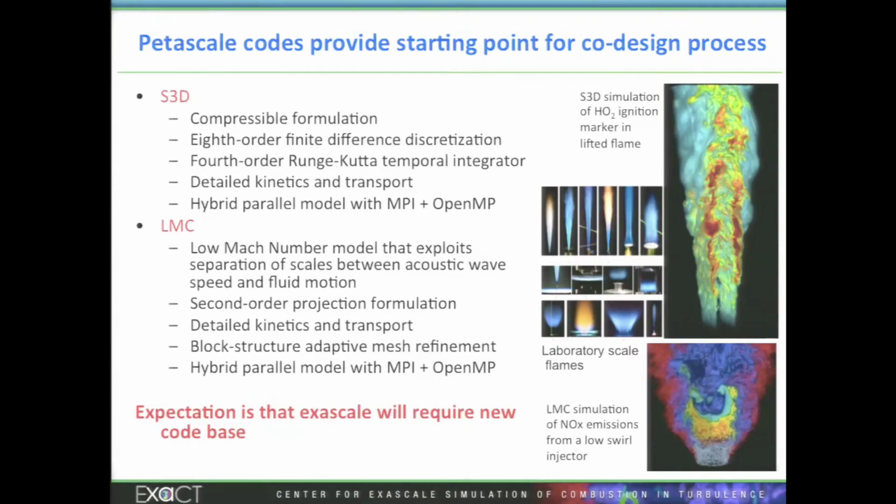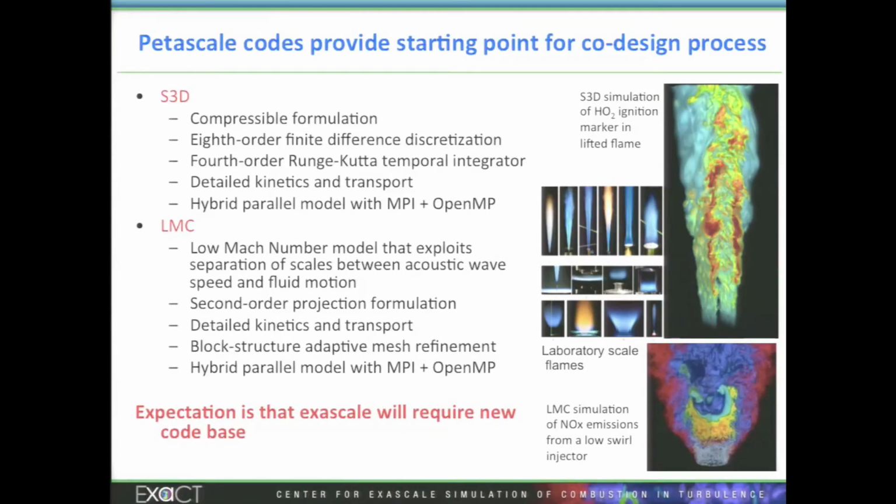We also have a dilute spray model, a thermal radiation model, and a soot model in there, and it's been programmed a bunch of different ways, including MPI, MPI plus OpenMP, OpenACC with pragmas for the GPUs, and most recently, and what I'd like to talk about in a little bit, is its implementation within a Legion compiler and runtime system.